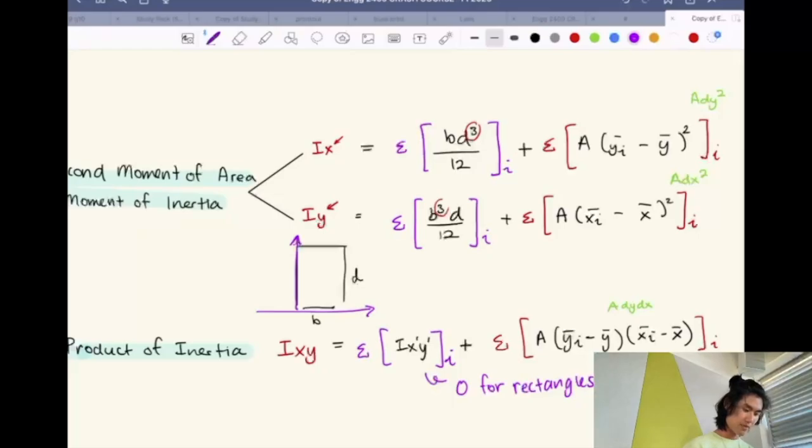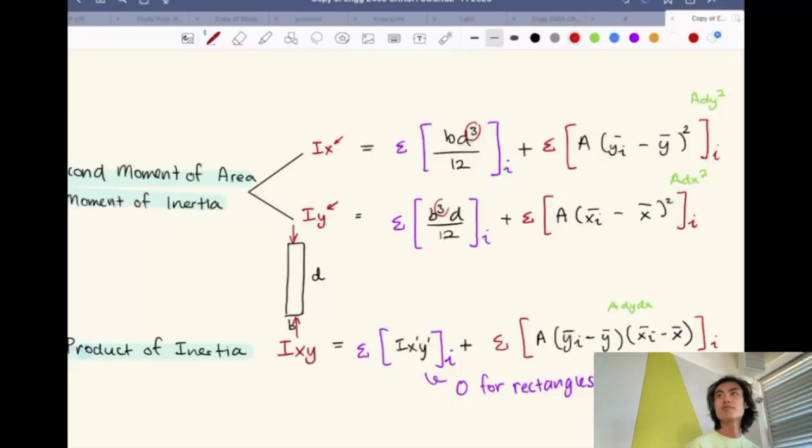And if you're rotating around this point and there's a force this way, will it be stronger? Okay, actually, a better way to explain it is, if you have a thinner beam, this is D, this is B, and you were to squish it from either the sides or from the top and the bottom, which way would fail first?